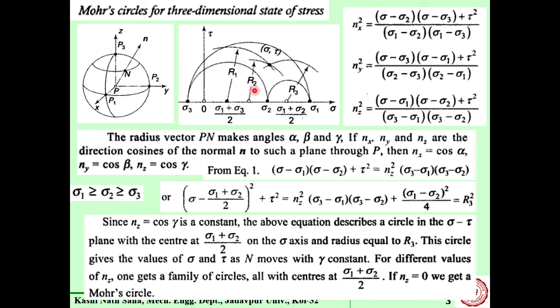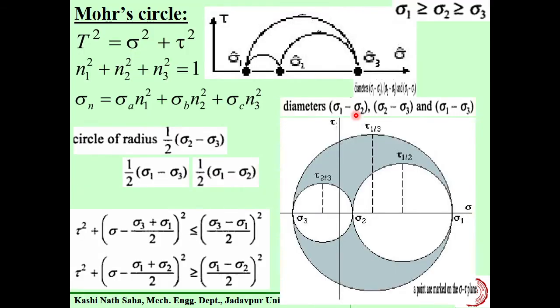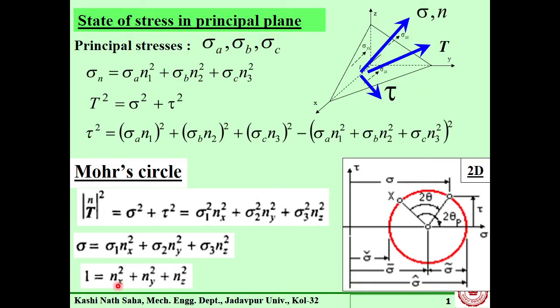So, here can we vary nx, ny, nz independently? No, we cannot, because nx, ny and nz are connected by this equation. We can vary only two of them, and the third one gets fixed automatically.